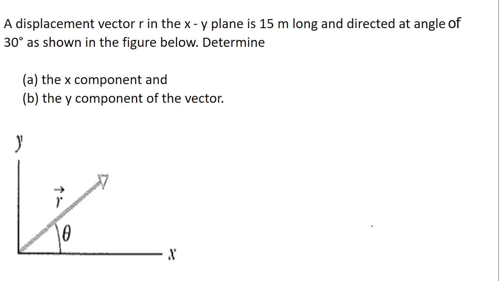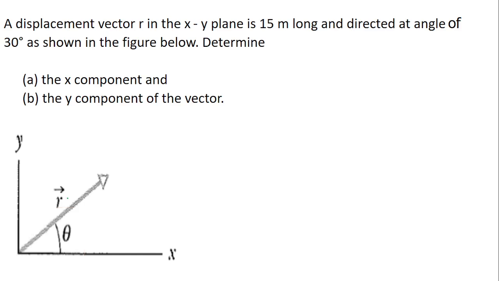Okay, we move. The next question is: a displacement vector r in the xy plane is 15 meters, directed at an angle of 30 degrees as shown in the figure below. Determine 1, the x component and 2, the y component of this vector. This is very easy, and something we have already done.